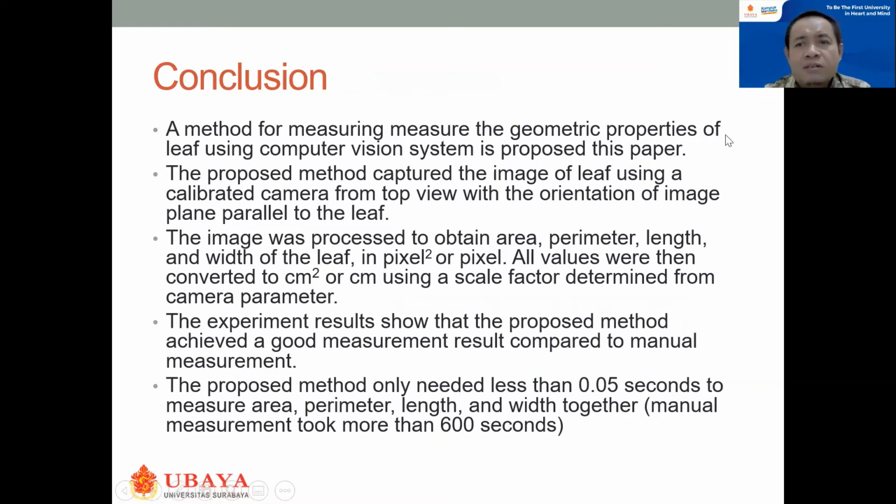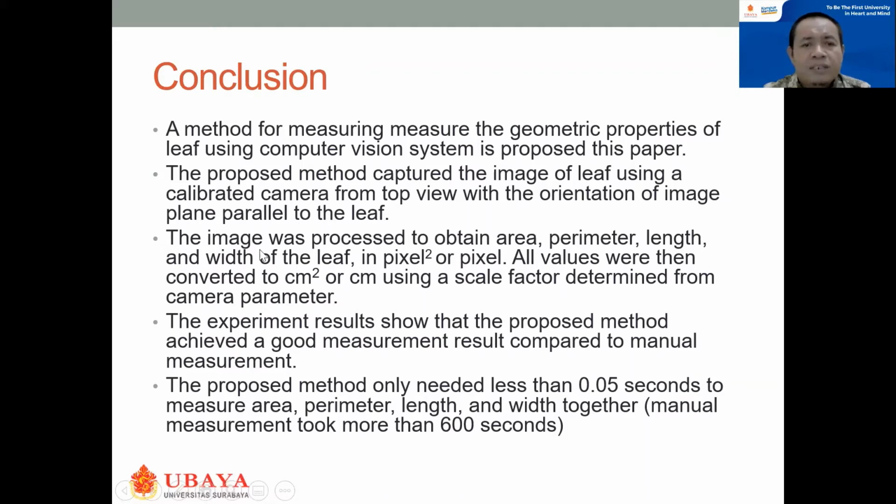Okay. So in the conclusion, a method for measuring the geometric property of leaf using computer vision system is proposed in this paper. The proposed method captures the image of leaf using a calibrated camera from top view with orientation of image plane parallel to the leaf.